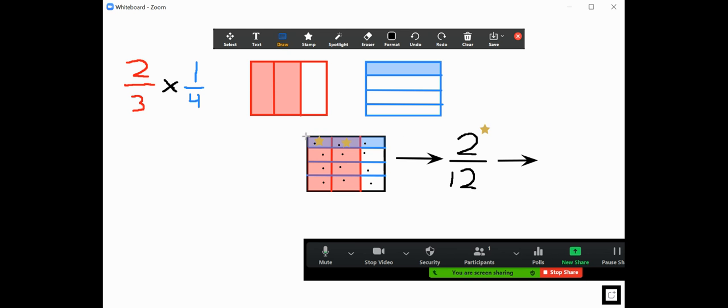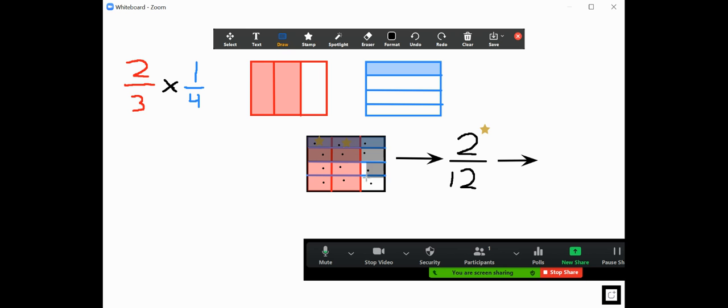So if I think about, okay, well, if I have 2 parts here, that's 1. If I have 2 parts here, that's 2. If I have 2 parts here, that's 3.